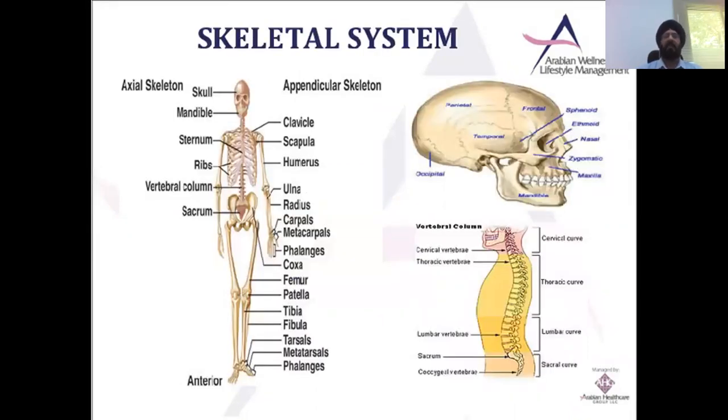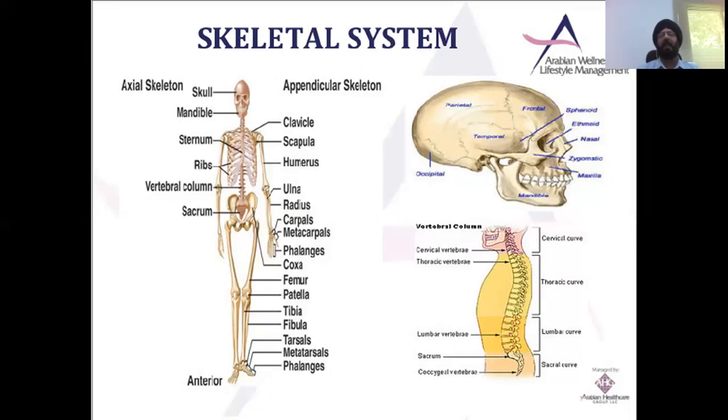First, we will start with the anatomy. In anatomy, the first basic thing is the skeletal system, which makes a structure of the body. Skeletal system is a very big comprehensive subject. Now, what is skeleton?